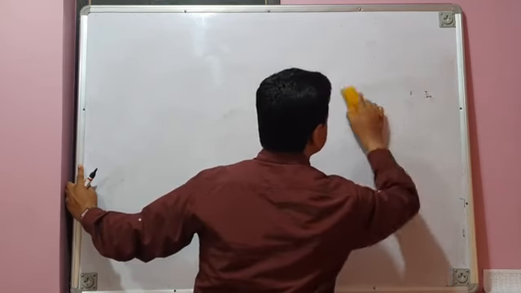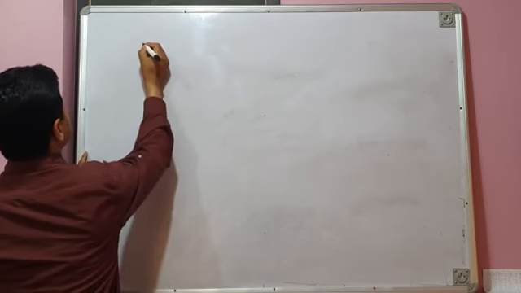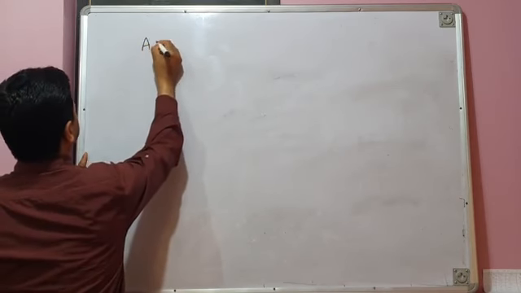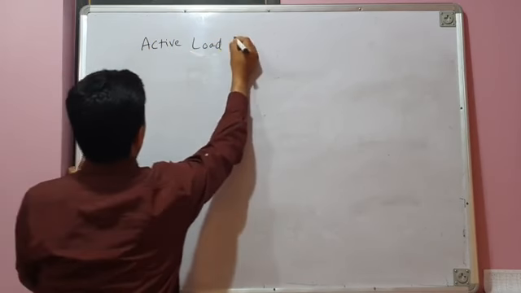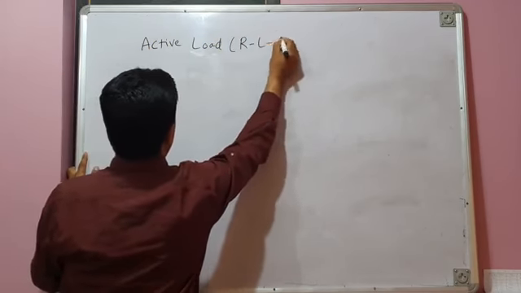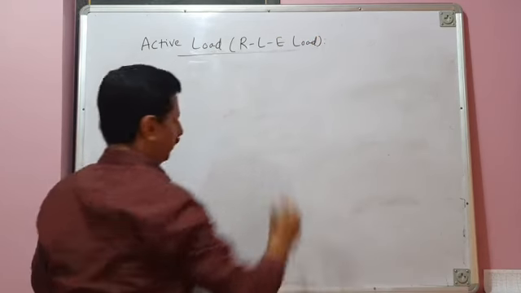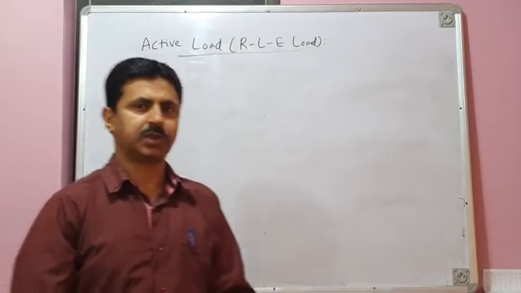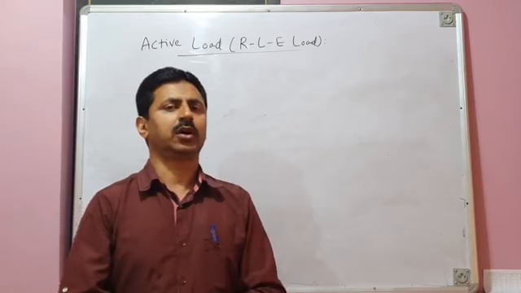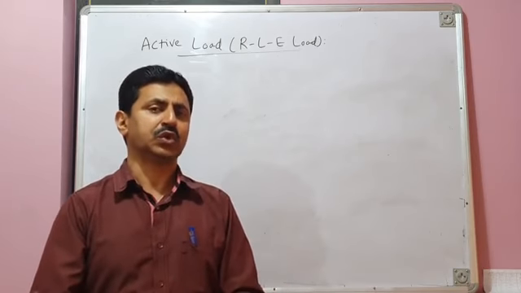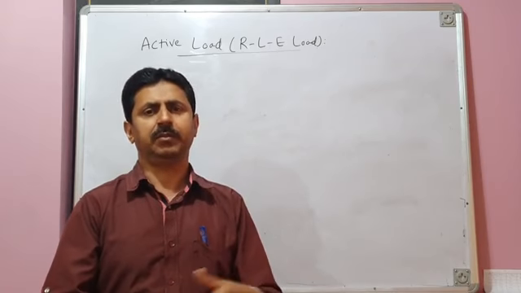So today we will discuss the operation of the converter for the third type of load, that is active load, or RLE load. I have already told you when we were discussing the operation of a single phase half wave converter for RLE load. An active load or RLE load is that load which has its own source of energy or which has its own voltage or EMF.